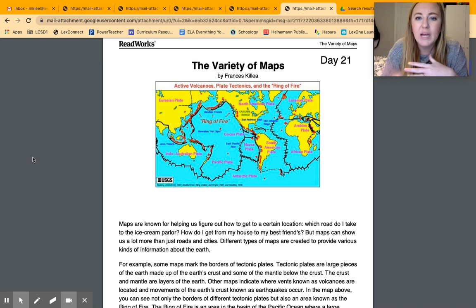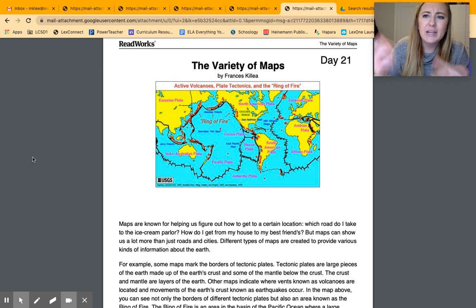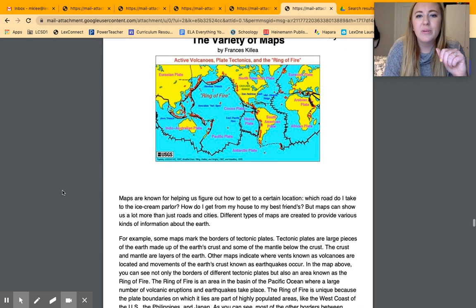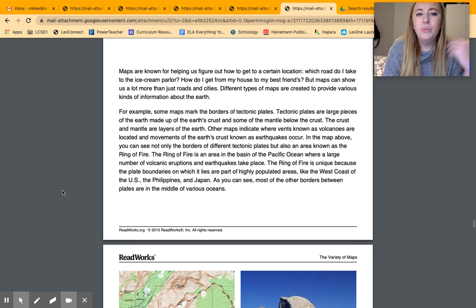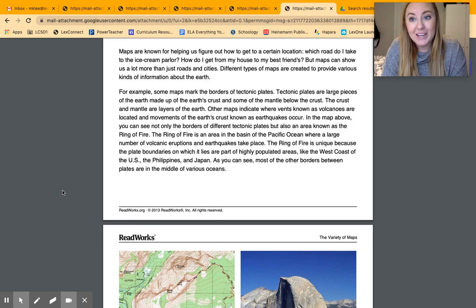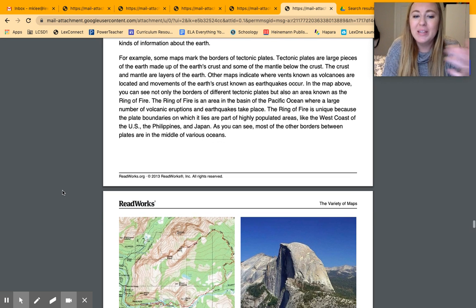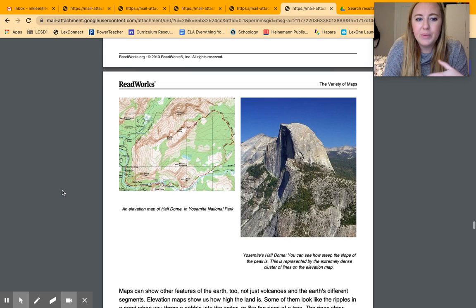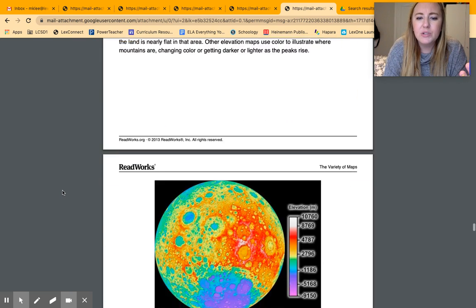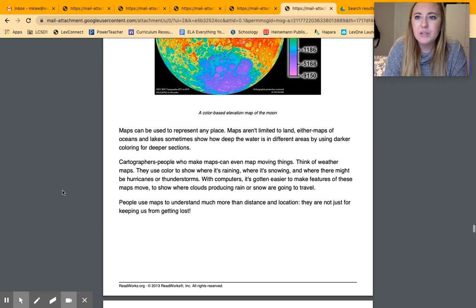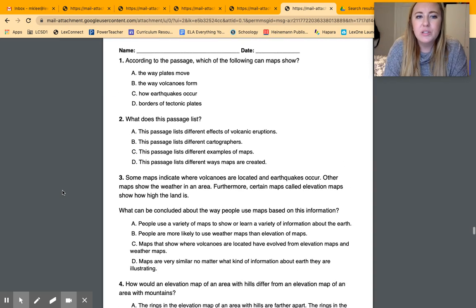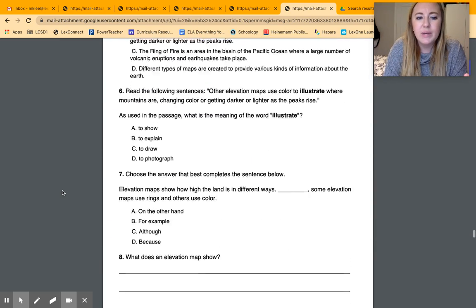And then last but not least, for social studies today, you're going to be reading this ReadWorks about different types of maps. It's kind of social studies and it's kind of science, and you'll see that as you start reading. We know that we use maps all the time, and you're going to keep using them as you get older, so you need to know how to read a map. And that's what we started our year with in 5th grade, way back when we talked about maps. But there's more than one type of map that we can use. So you're going to be reading this. There are some great pictures and diagrams of different maps, and then you'll be answering these questions on the next pages.